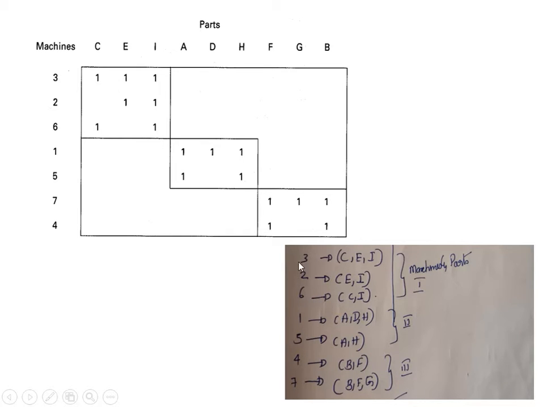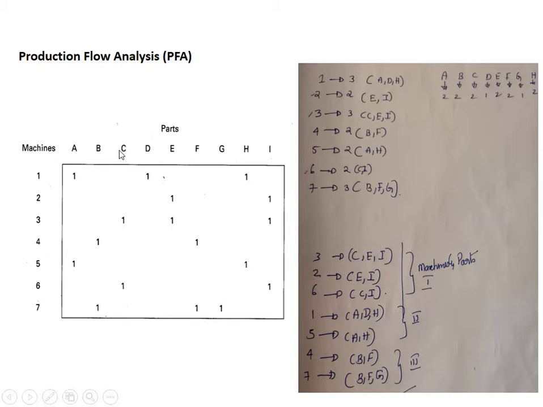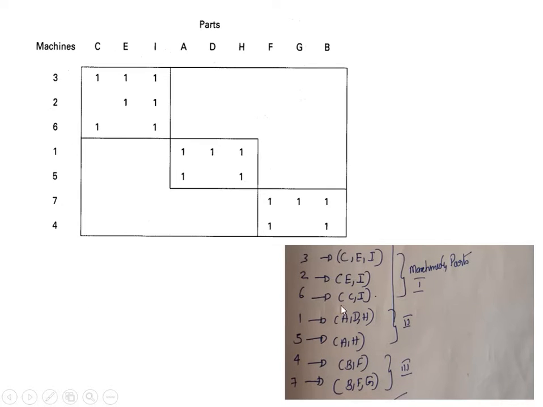As you can see here, the machine 3 is CEI. So this particular part CEI for machine 3. As you can see here, we are trying to group the particular common or most repeated parts of that particular machines in a sequential order.